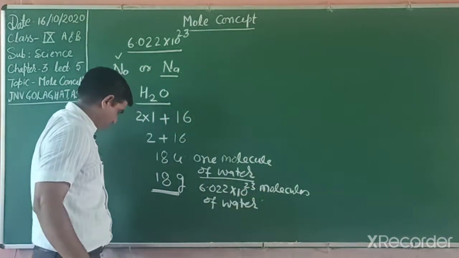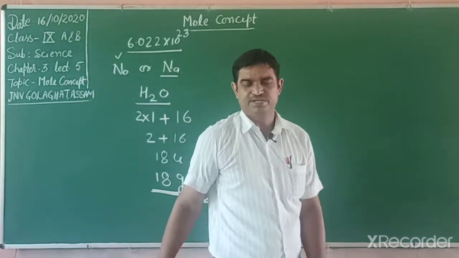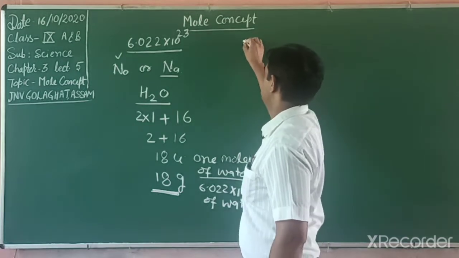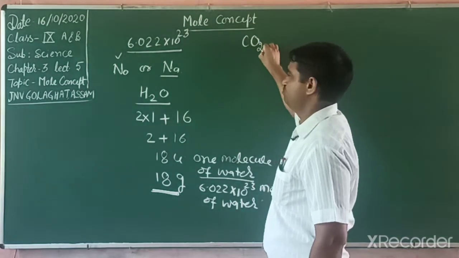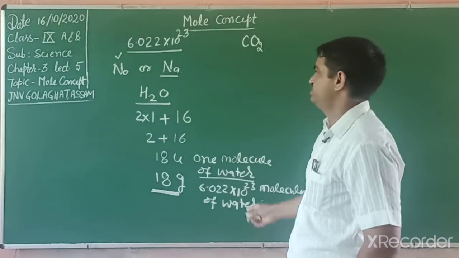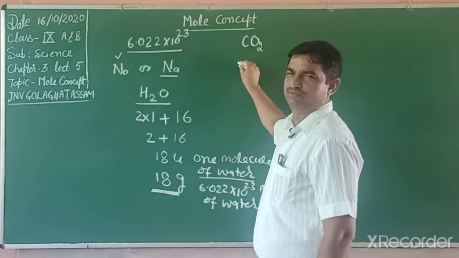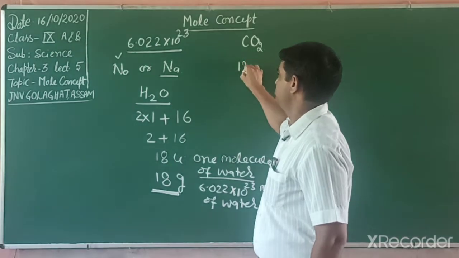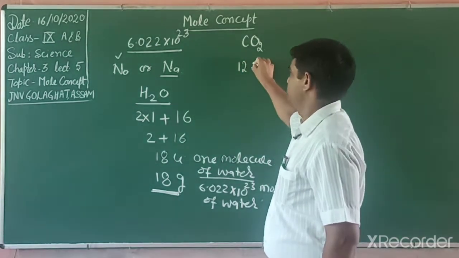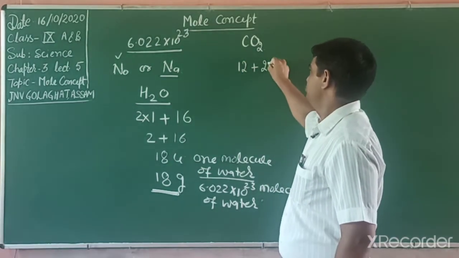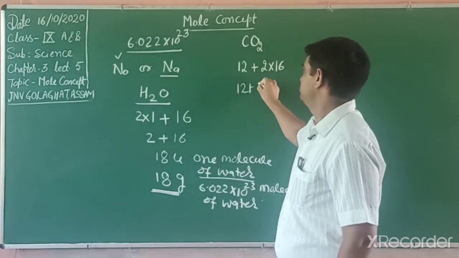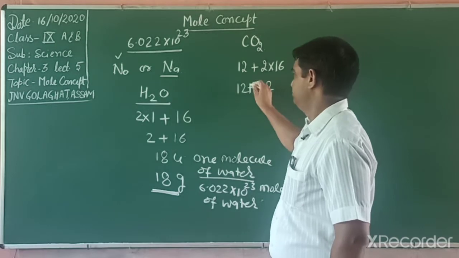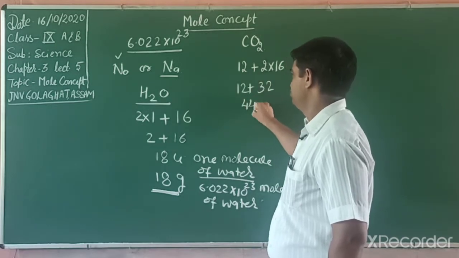Another example we can explain is the mass of carbon dioxide. Students, you know the formula of carbon dioxide, CO2. So at first we find its molecular mass. We earlier discussed carbon mass is 12U and oxygen is 16, so 2 into 16, the total sum is 12 plus 32, which is 44U.